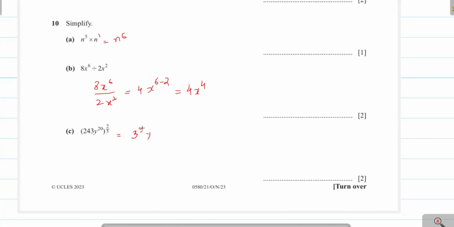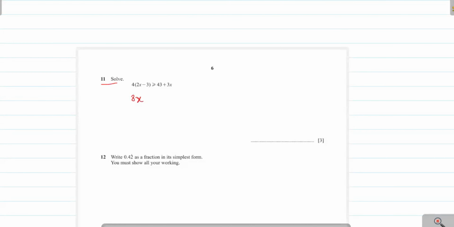Question 11, solve this inequality. Firstly, we will expand the left-hand side. Therefore, we get 4 times 2x is 8x, minus 4 times 3 is 12. We write 8x minus 12 greater than or equal to 43 plus 3x. Now we shift the 3x from right to left side. We get 8x minus 3x, and we shift 12 from left to right side.